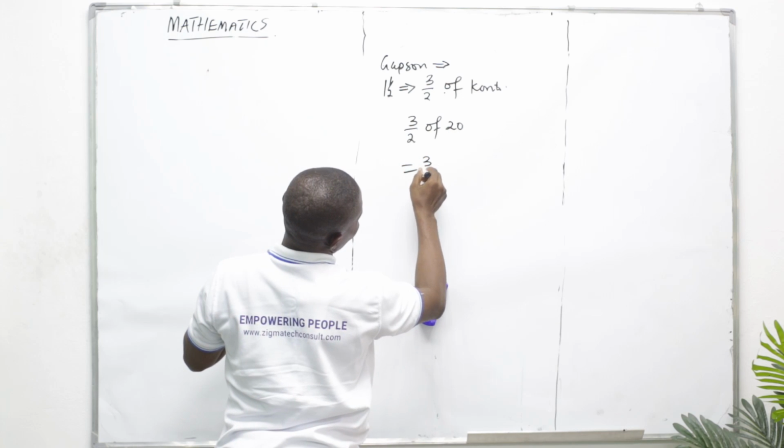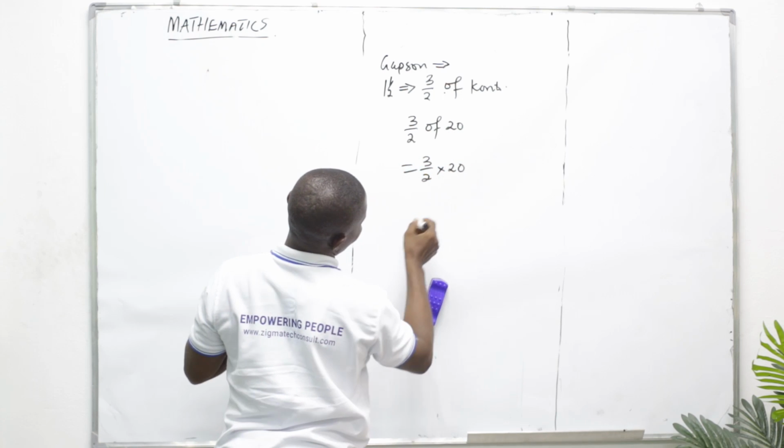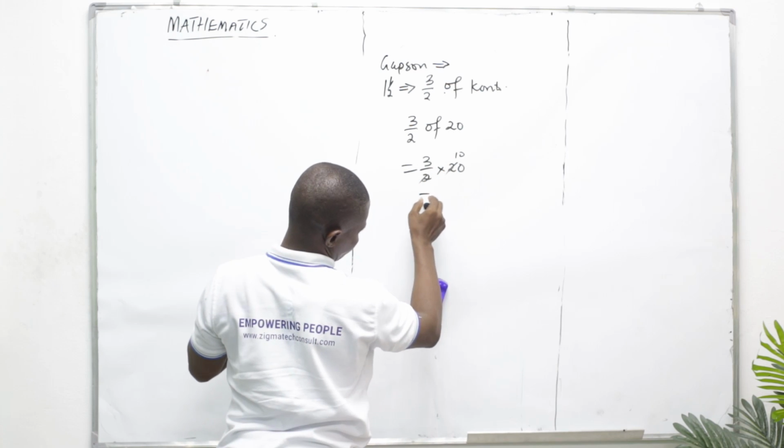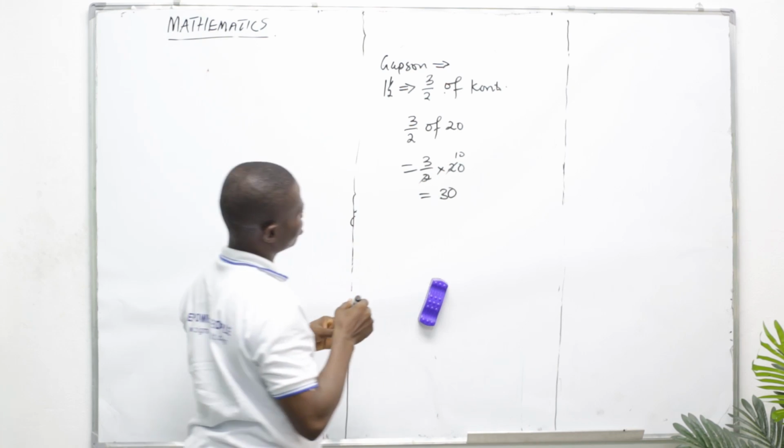This will give us 3 over 2 times 20, which is 30. Okay?